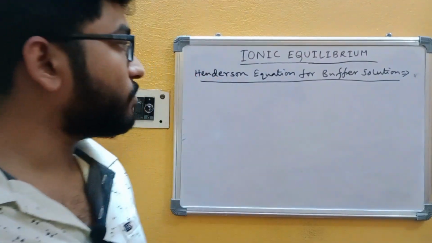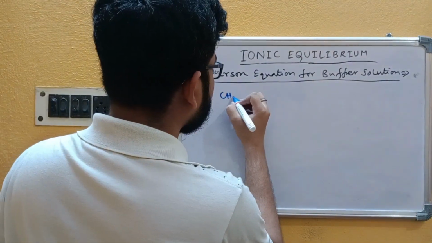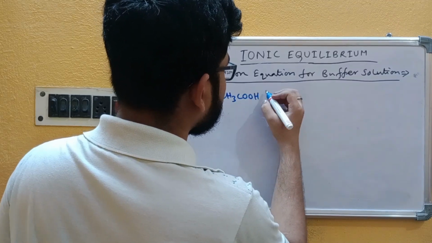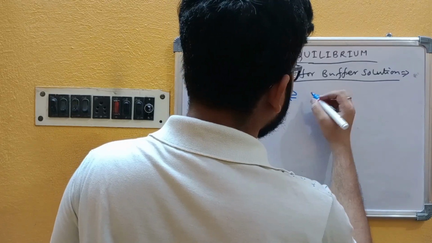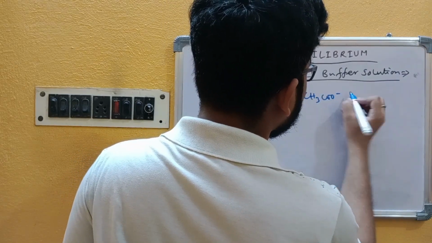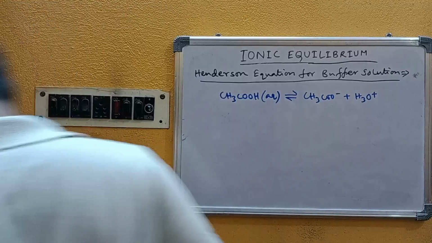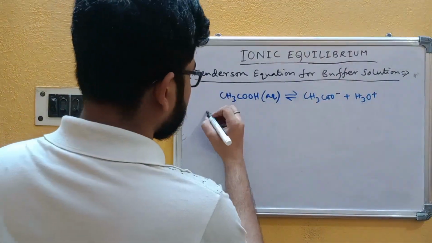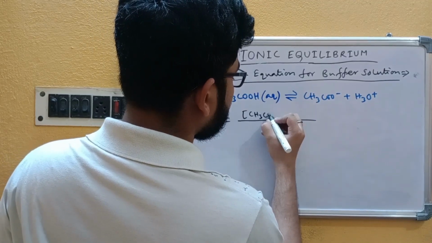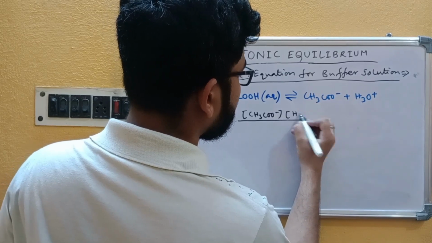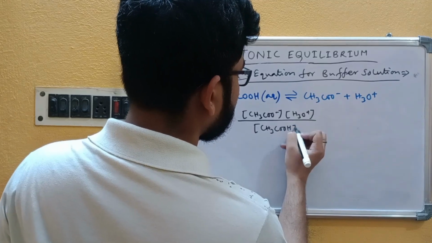Now we will discuss the Henderson equation for buffer solution. We will derive the equation. Suppose an aqueous solution of acetic acid is taken and it partly dissociates as CH3COO- plus H3O+, and if equilibrium constant is Ka, then it will be concentration of CH3COO- into concentration of H3O+ upon concentration of CH3COOH.